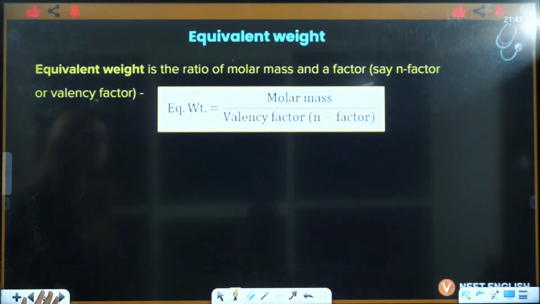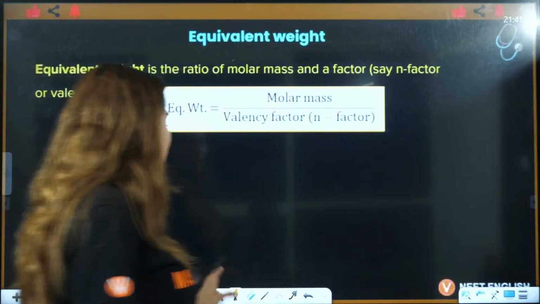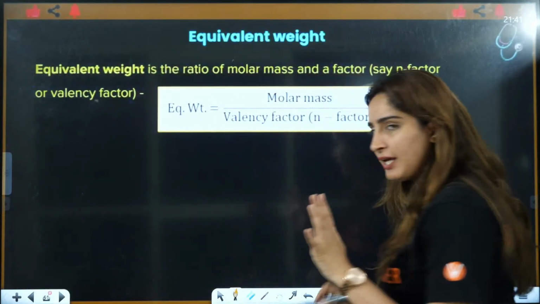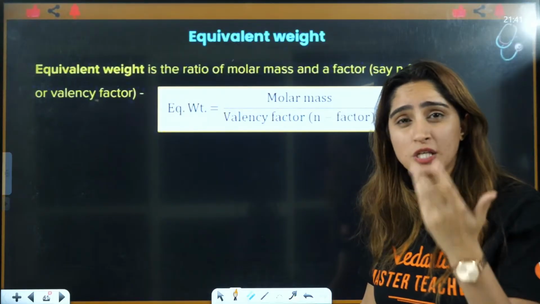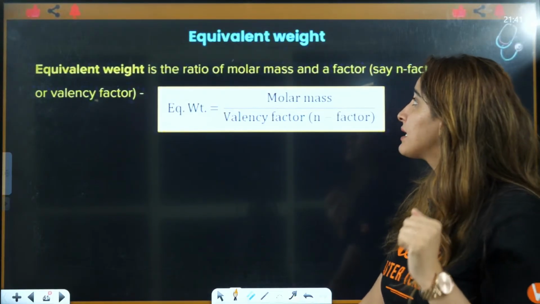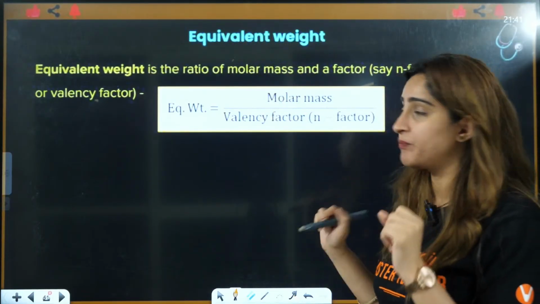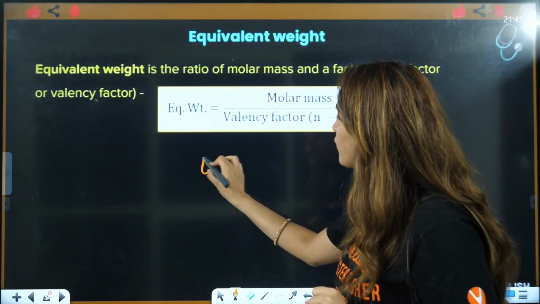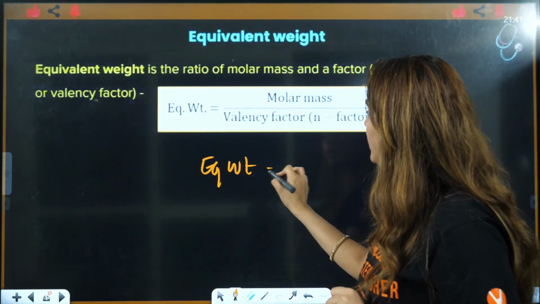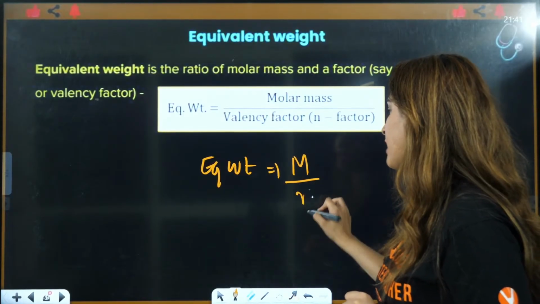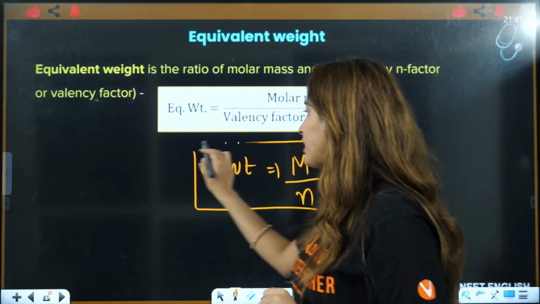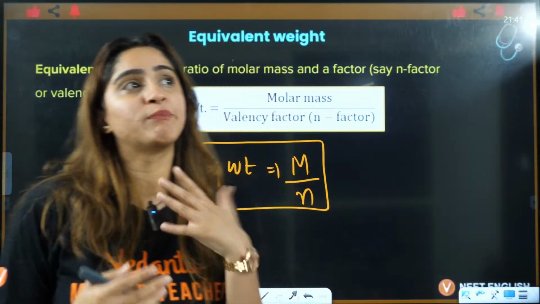Now the last one is regarding normality. You will use this mostly in electrochemistry. So what is equivalent weight first? Equivalent weight is molar weight divided by n factor. And what is n factor? That we will study before electrochemistry.